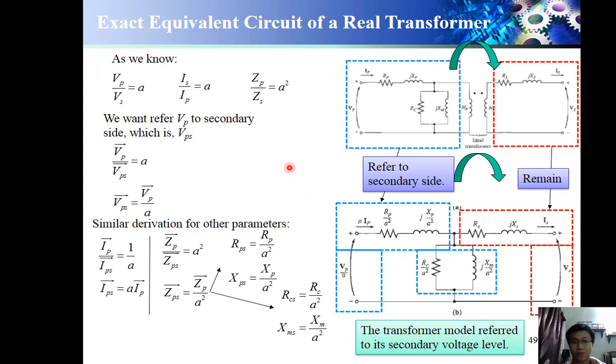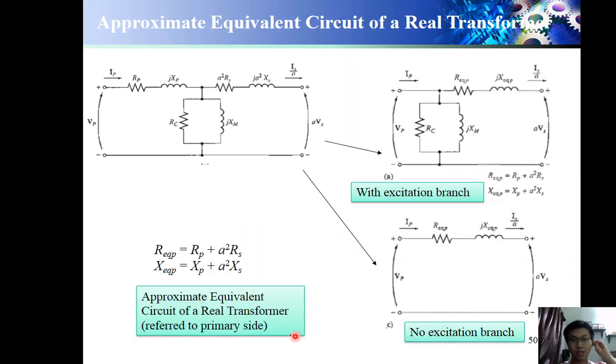All the derivations are the same. Just the difference is we have RCS and XMS. RCS is the core resistance referred to the secondary side. XMS is the magnetizing reactance referred to the secondary side.